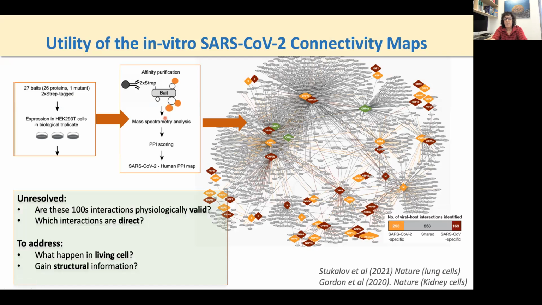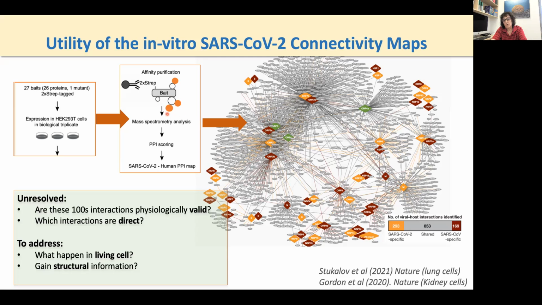However, there are unsolved issues, questioning whether the hundreds of interactions that you see here are indeed physiologically relevant, or whether those are direct or indirect interactors, as is illustrated here.